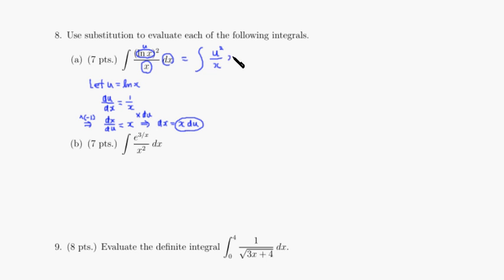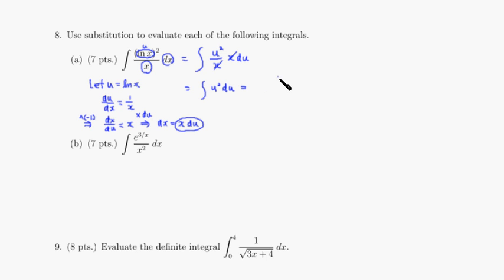Now we can see that we can cancel x's and x's here. So this is going to be equal to the integral of u squared du.